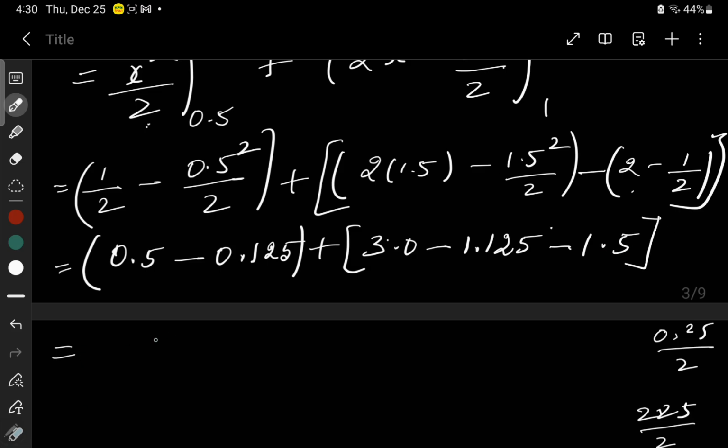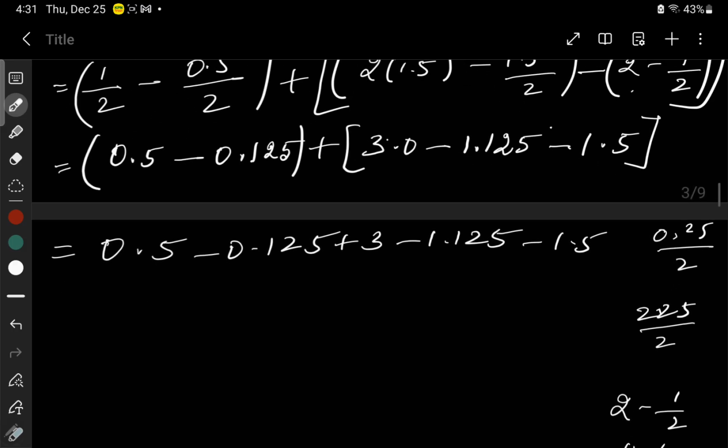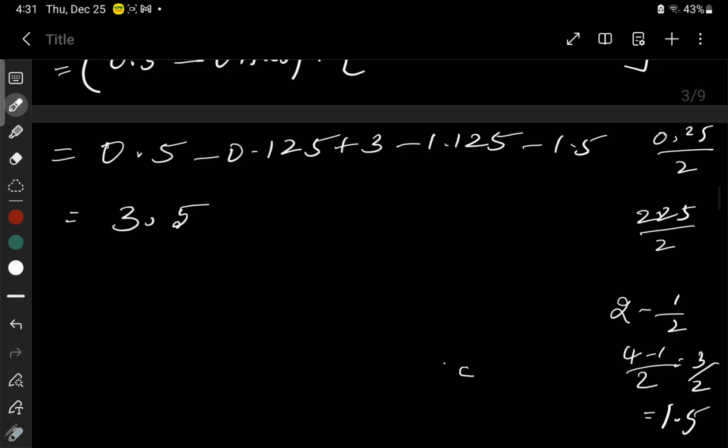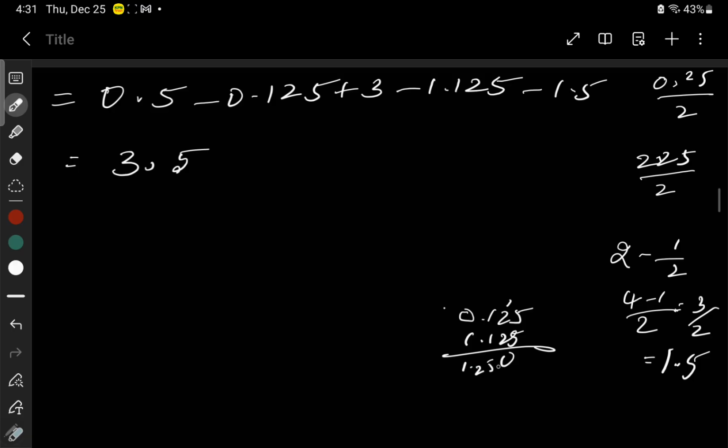So simplify this. First you remove the bracket. Minus 0.125 plus 3 minus 1.125 minus 1.5. First you collect the positive values: 3 plus 0.5 is 3.5, and then you add these three numbers: 0.125, 1.125, that is 1.250, again add 1.5, 2.75.